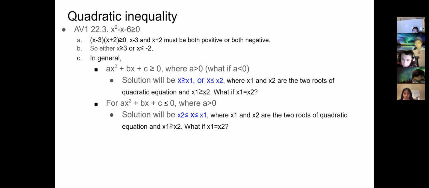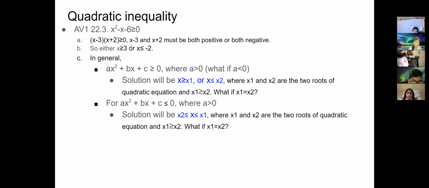Instead of making it 0, let's make it greater than or equal to 0. This equation has 2 solutions, which are 3 and -2. So we write it in this way. And the ask is that this whole thing needs to be greater than or equal to 0.